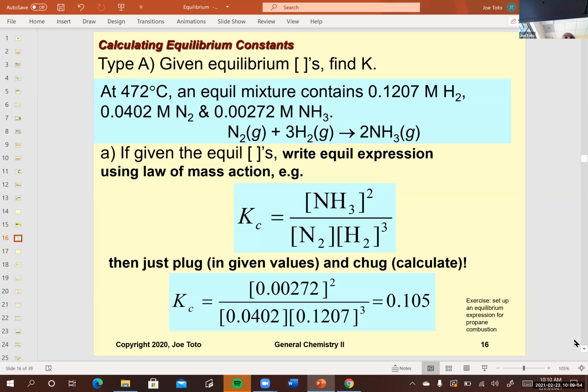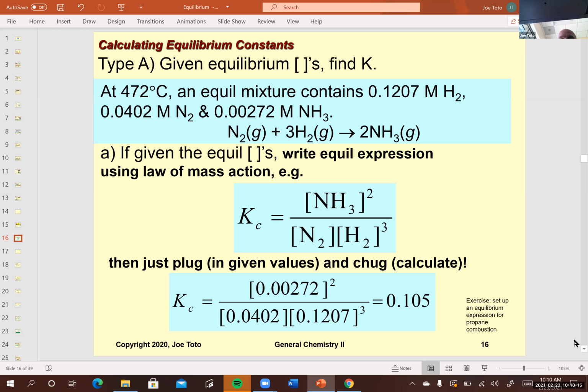And then last time we said, all right, let's take a look at some equilibrium problems that you might see. This one probably is too easy to have by itself. It'll be embedded in the other types. But anyway, the type that I call type A is when in the problem, they give you all the equilibrium concentrations.